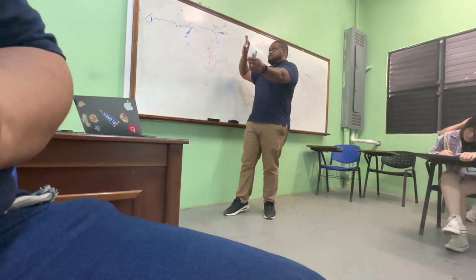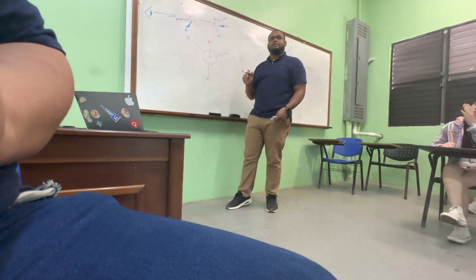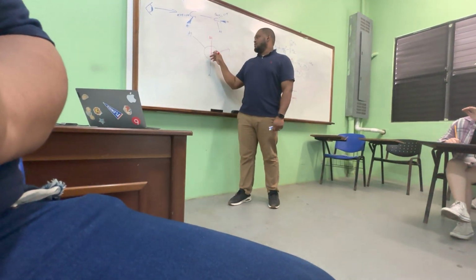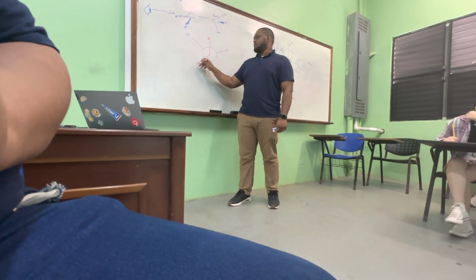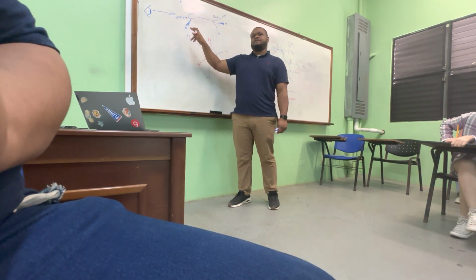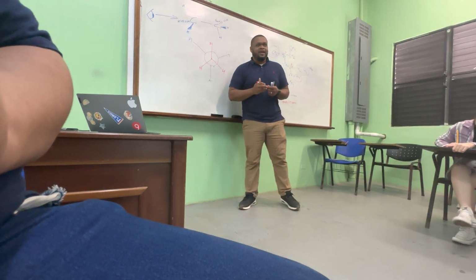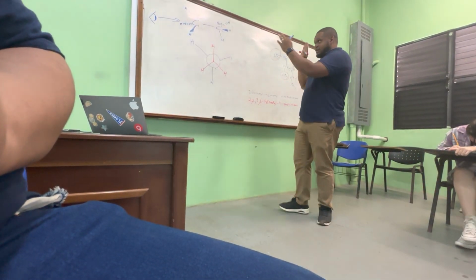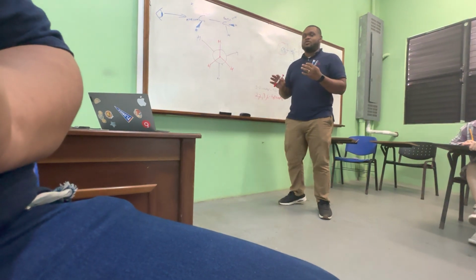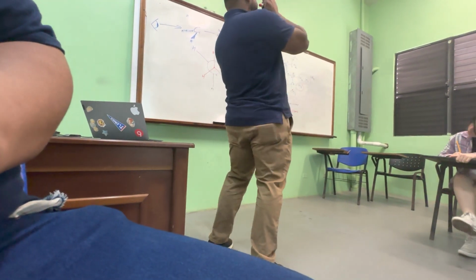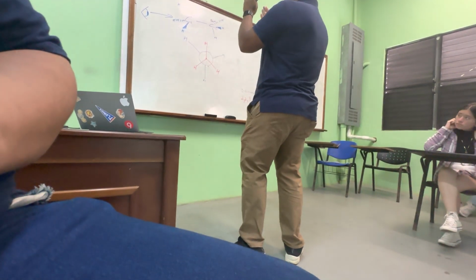When I turn it this way, what happens? This hydrogen is on the left, and then this hydrogen is on the right, right? Your brain has to look at it and see. So you're looking at it like this, and then you turn it this way.